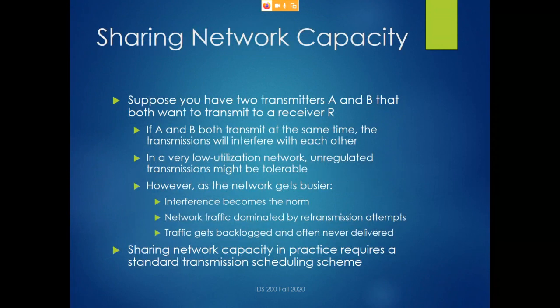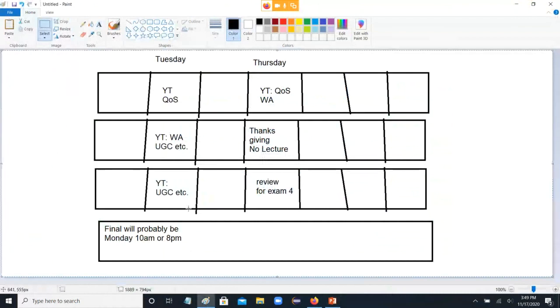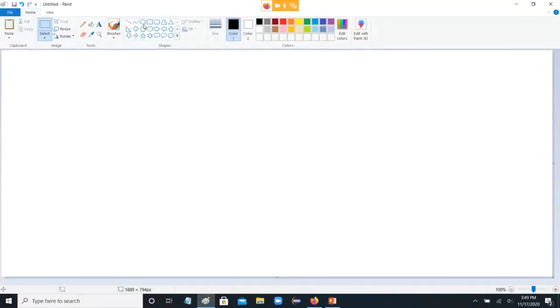All right, so let's give an example. Suppose you have two transmitters A and B that both want to transmit to some receiver R. Okay, so let's draw a picture of that.